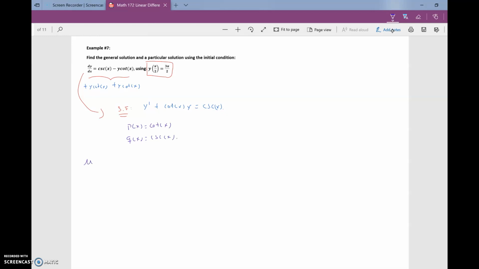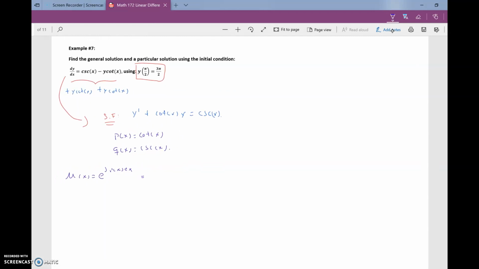Let me evaluate the mu of x, or the integrating factor. This is just going to be e to the integral of p of x dx. And remember that on this particular one, we don't put a c. That is just a way that the solution works.